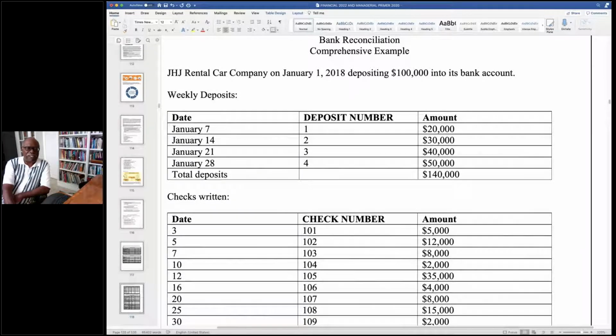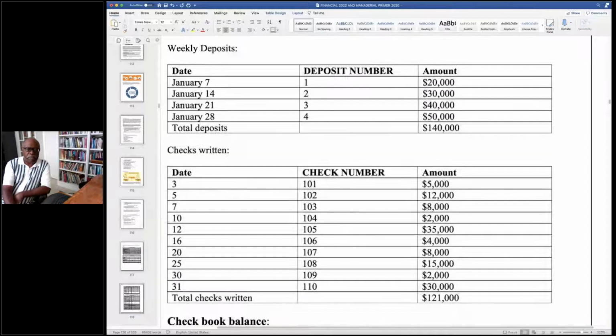Okay, so here is a company, J.H.J. Car, that puts $100,000 into the bank. Then its receipts from rental revenues are 20, 30, 40, and 50,000, a total of 140,000. They write checks 101 to 110, totaling 121,000.